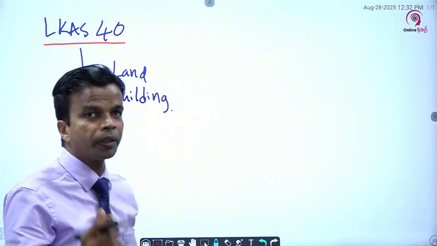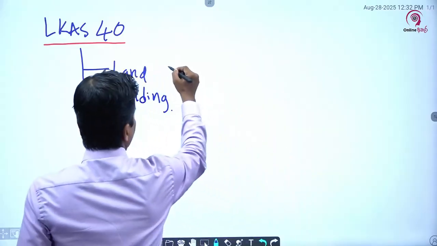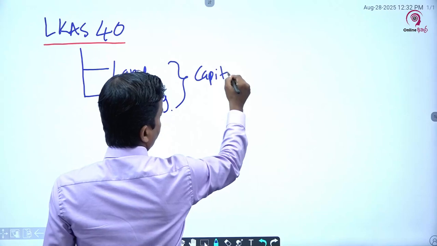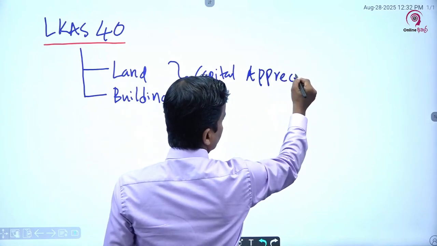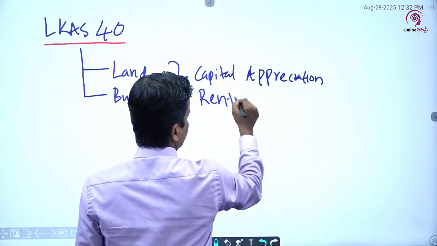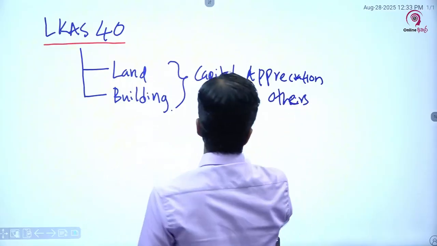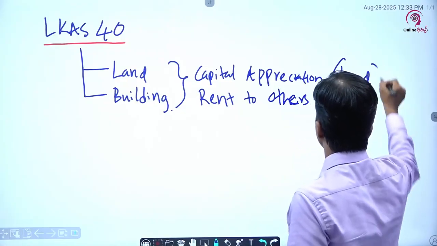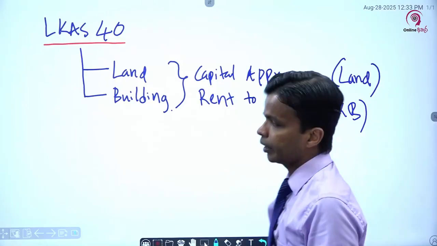So investment properties are land and building which you keep with the intention of capital appreciation or rent to others. Of course, capital appreciation is only relevant for land, while rent to others applies to land and building both, right?